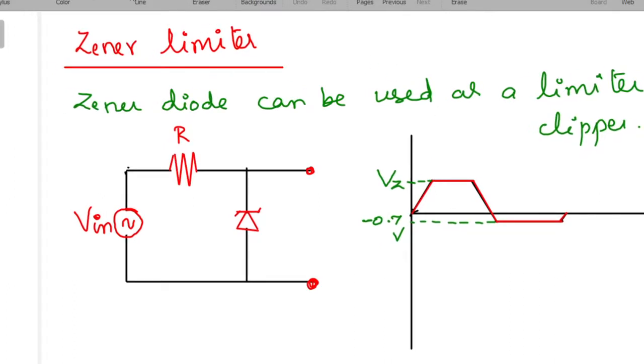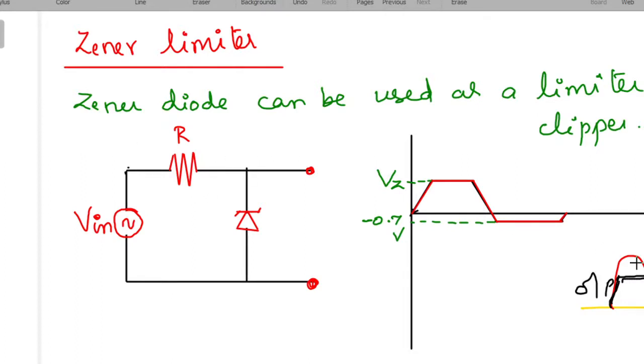We know that the input is a sine wave. Because of this Zener limiter, the output goes up to VZ and stays there, and then in the other half it goes to a minimum of about minus 0.7 volts. The black color represents the output.